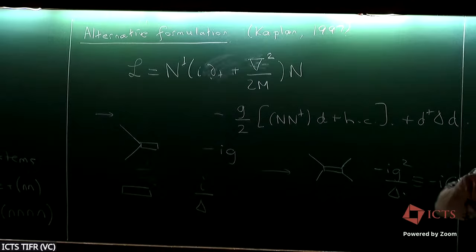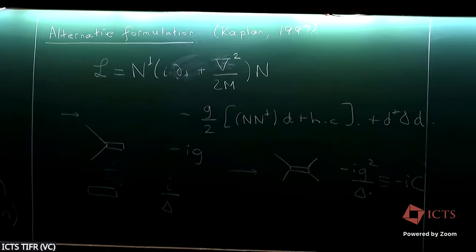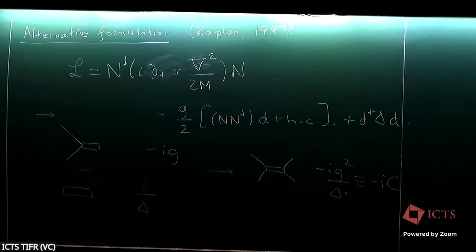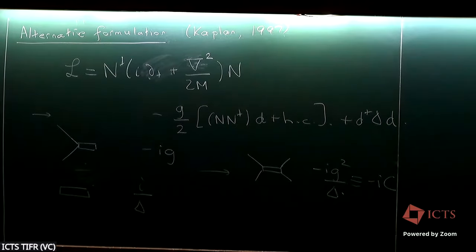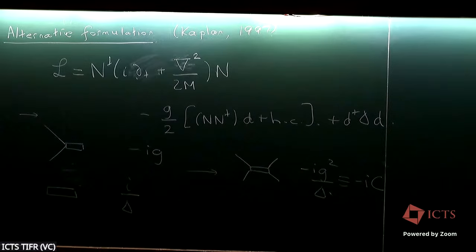And poles of that correlator will correspond to two-body bound states. So it can't appear as an in or an out state, but you can still calculate the DD correlator. And then poles of that correlator will correspond to bound states. So it's a neat way to go looking for bound states.